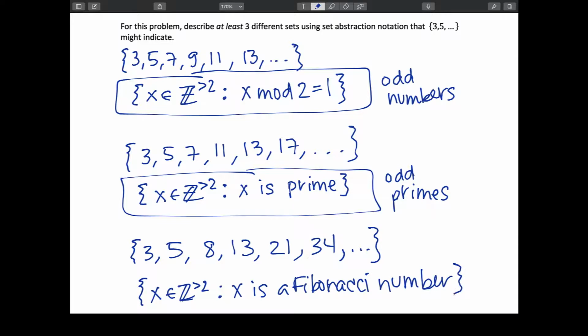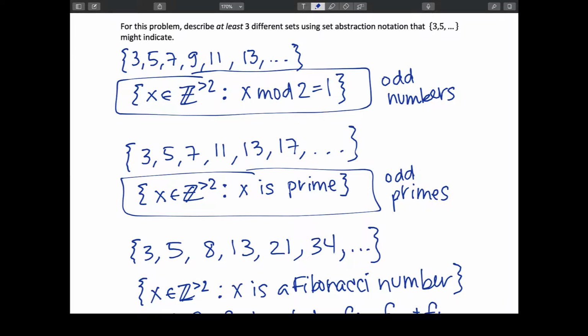And the Fibonacci numbers are those numbers. So typically we start from Fibonacci 0 equals 0, Fibonacci 1 equals 1, and for all i greater than 1, F_i equals F_(i-1) plus F_(i-2).